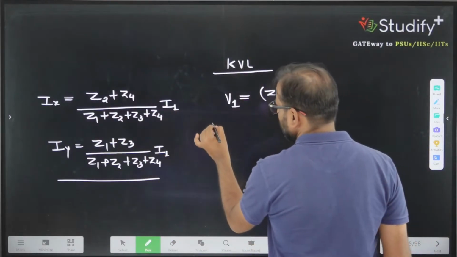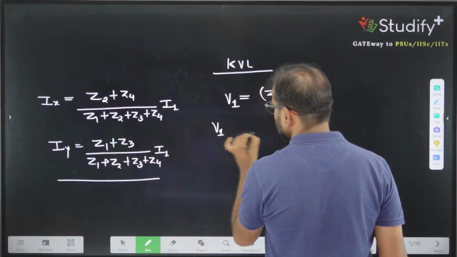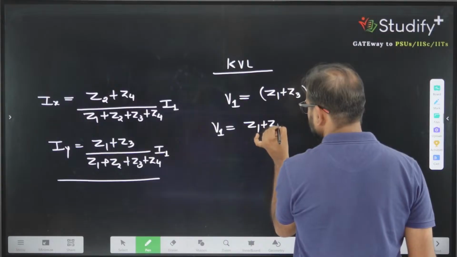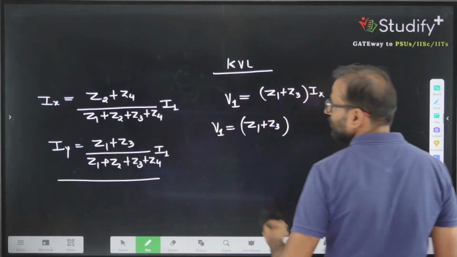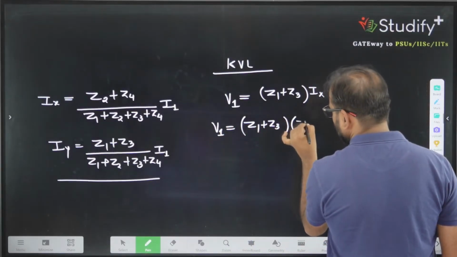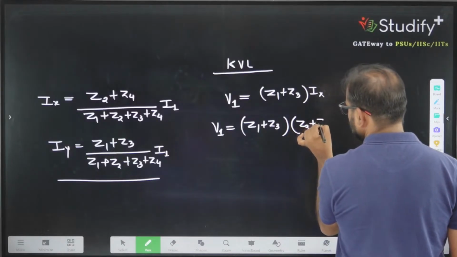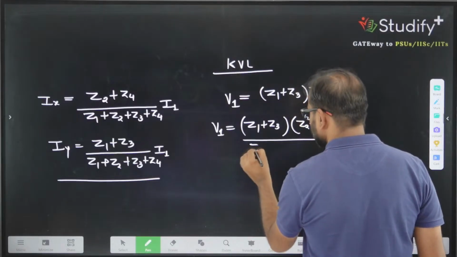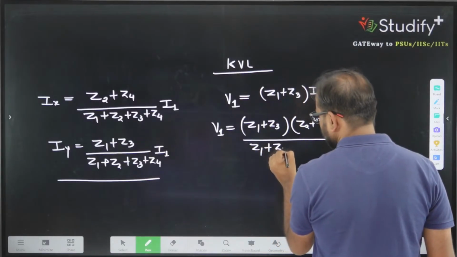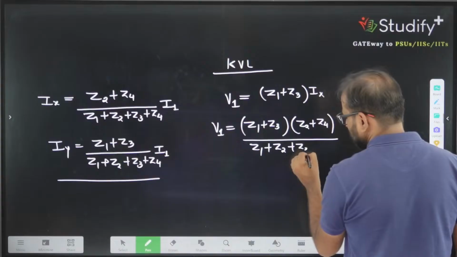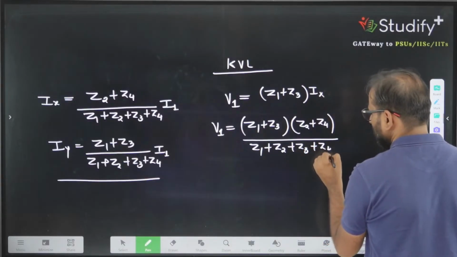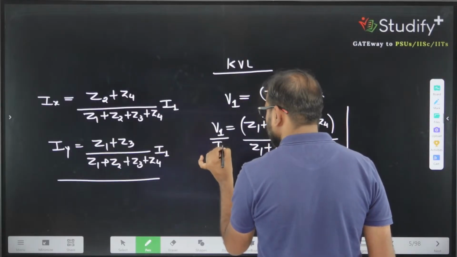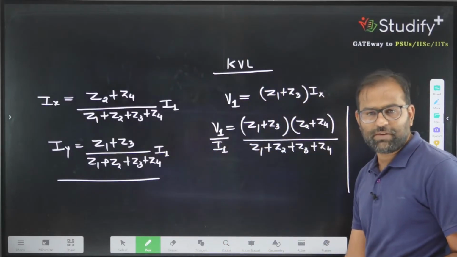So you can say V1 is equivalent to Z1 plus Z3 into Z2 plus Z4 divided by Z1 plus Z2 plus Z3 plus Z4, and this much times I1. So I can write this current in the denominator. This is V1 divided by I1.